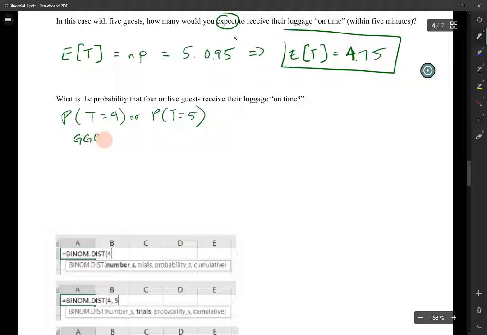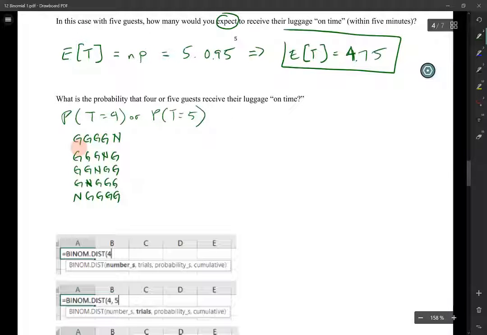In order for there to be 4 guests who got their luggage on time, that means that one of them did not get their luggage on time. So it could be the 5th one. On the other hand, it could be the 4th one, or the middle one, or the 2nd one, or the 1st one. The 1st one didn't, and then all the rest in a row are received.